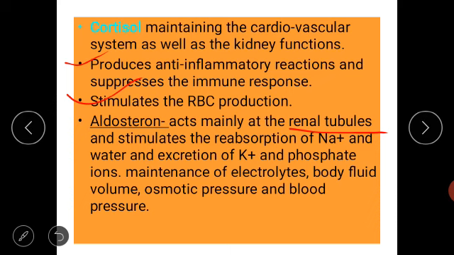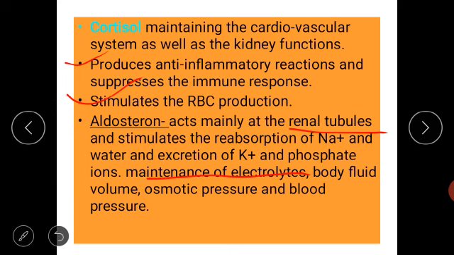These ions are important for generating the action potential and resting potential in the neuron and in other cells. So these ions are very important for proper functioning of the cell, and maintenance of electrolytes is done by aldosterone.